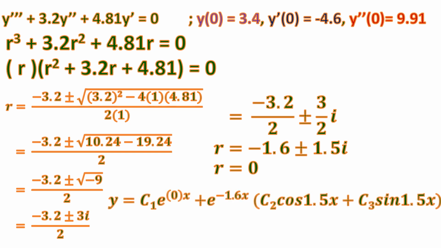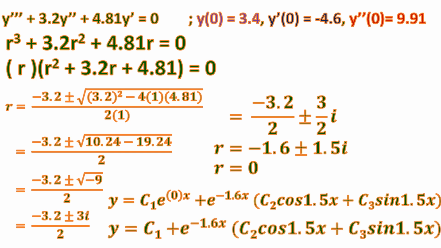So y equals c sub 1 e raised to the 0x, that's for r equals 0. Now for the complex roots, we have e raised to the negative 1.6x, that's for the real part, times c sub 2 cosine of 1.5x, 1.5 because of the imaginary part 1.5i, plus c sub 3 sine 1.5x.